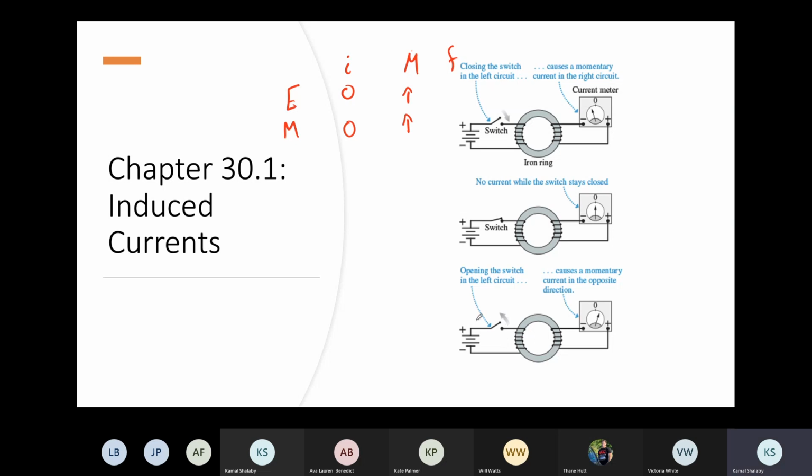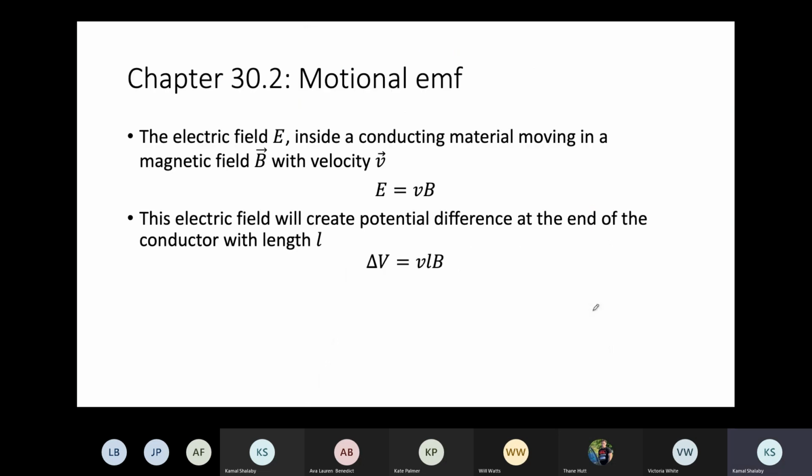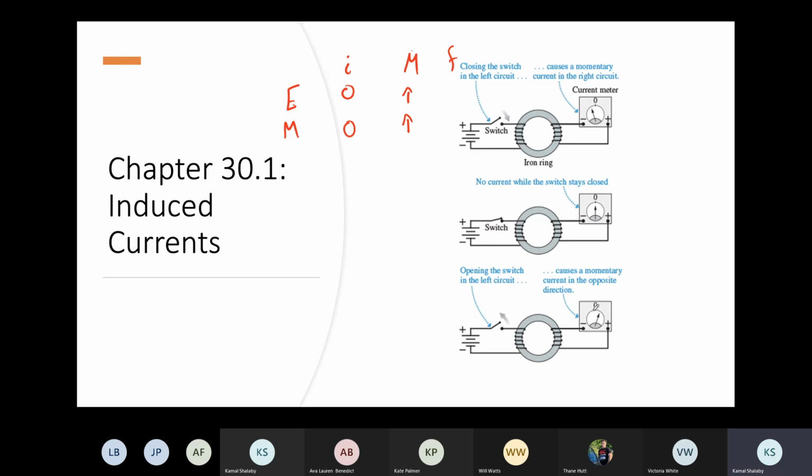So there's a change in electric field, and that will create a magnetic field, which will also be decreasing. That change in magnetic field will induce an electric field in the other circuit, and that would give you a current too. We'll touch more on that in later sections. This is just so we see what's happening, and later on we'll see why that's the case.